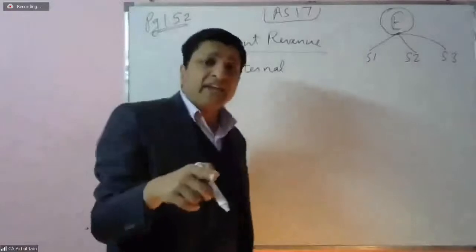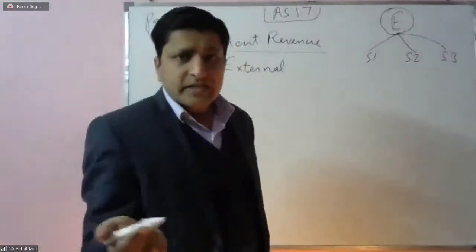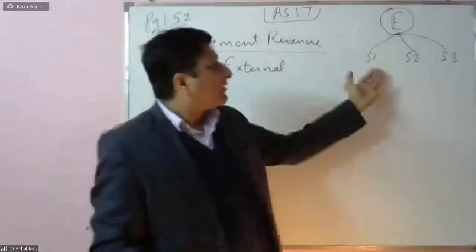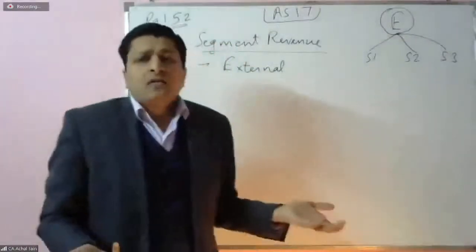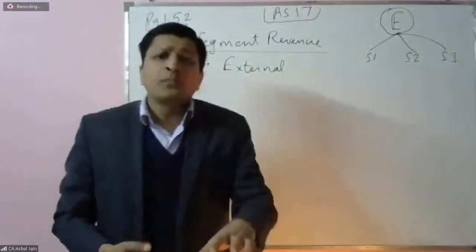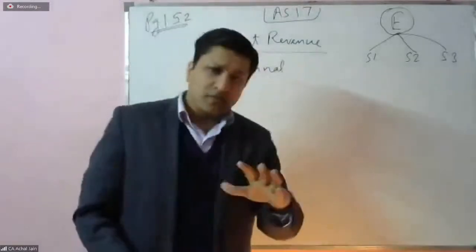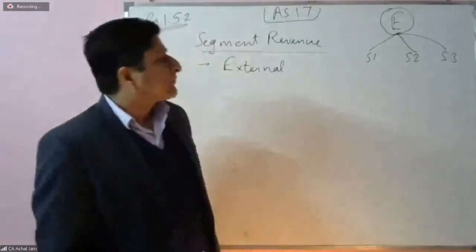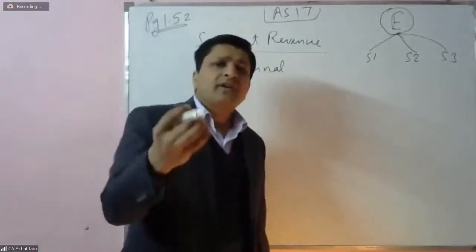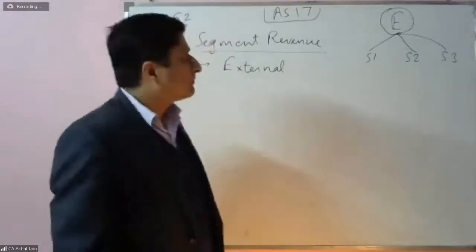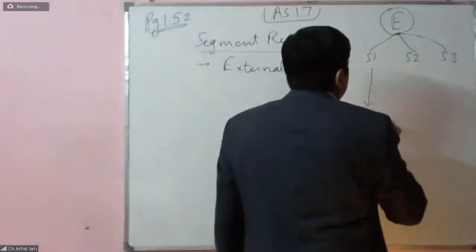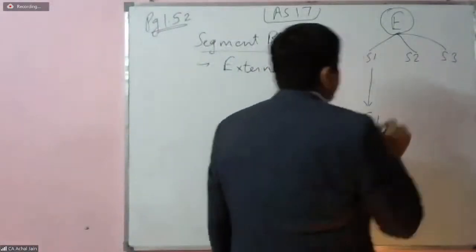Now, this entity will be making sales, and effectively these segments are the only ones which are making the sales, because we are not limited to reportable segments. We are talking about all the segments. There are two ways sales can be generated for this entity. One way is that this entity is making sales to a third party customer.